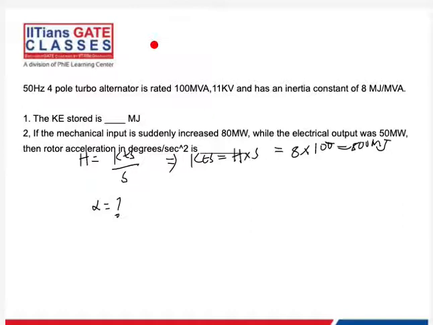Good. So basically PA is equal to M into alpha.